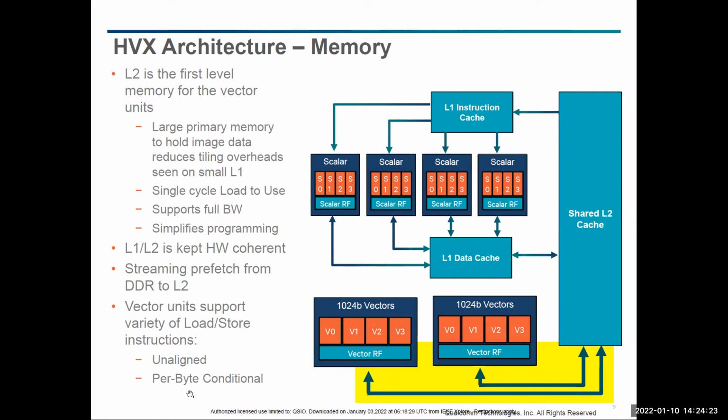And the hardware also supports per byte conditional loads and store operations, which means that if a user is not interested in loading or storing of 1024 bytes in a sequence, then there are ways to mask some of the bits in the vector or some of the elements in the vector and load data conditionally from the memory into the vectors for further processing.